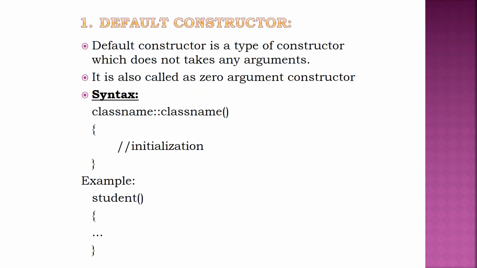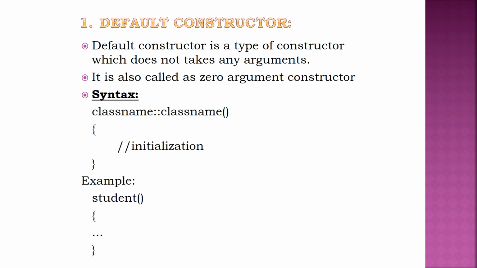Now we will see the first type, that is default constructors. A default constructor: if no constructor is defined in a class, then the compiler automatically creates one for the program.